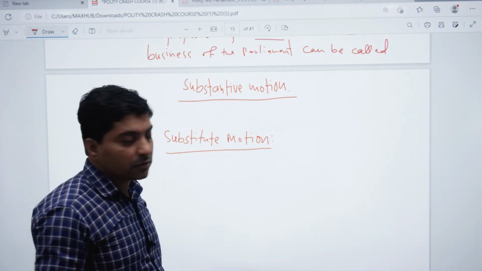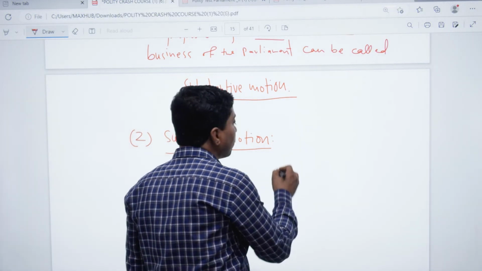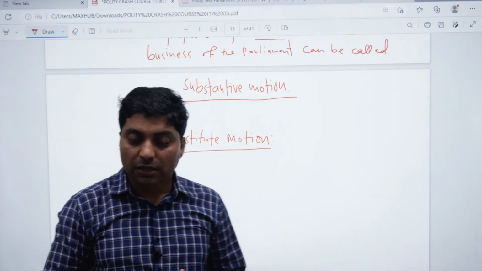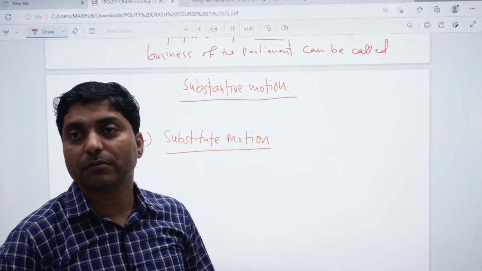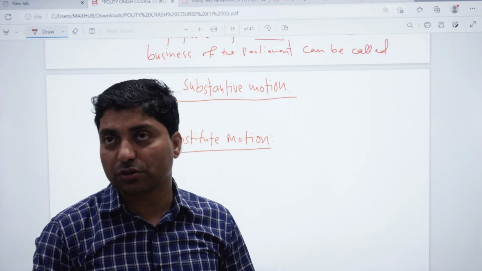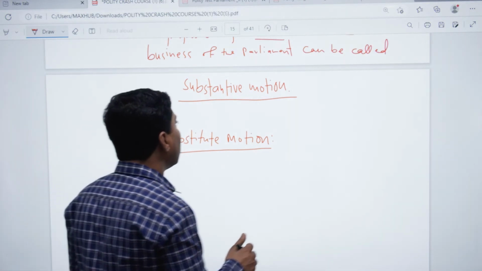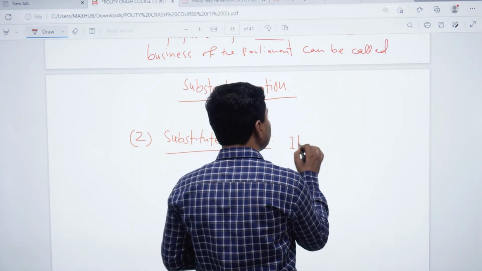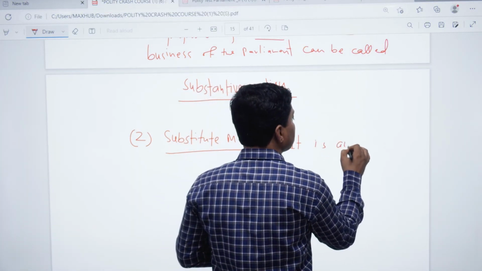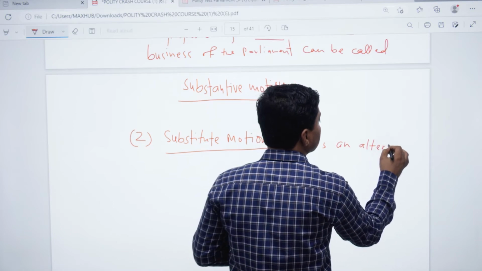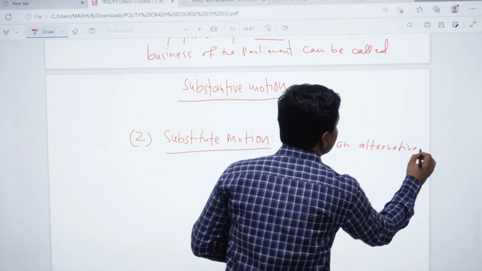राइट. तो क्या होता है सब्स्टिट्यूट मोशन, राइट, कि it is a motion that is moved in substitution, it is an alternative motion.